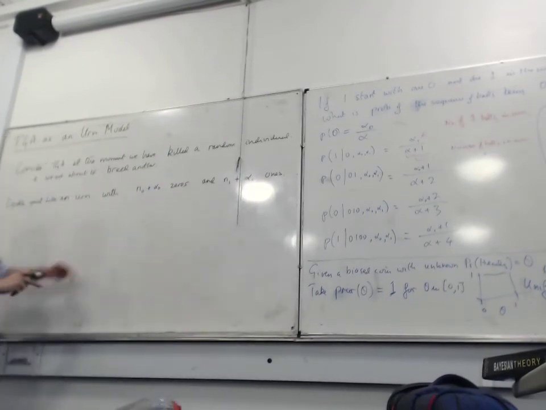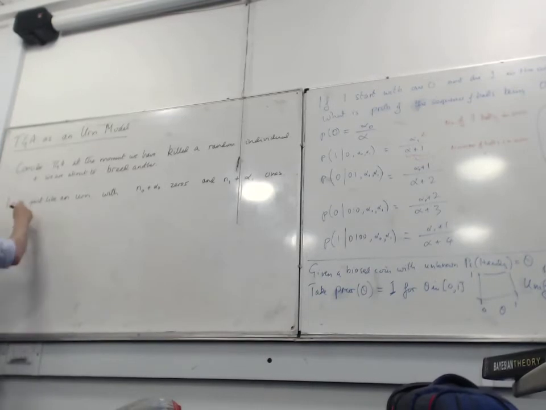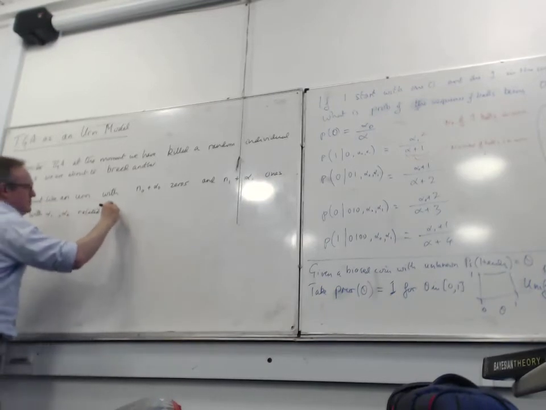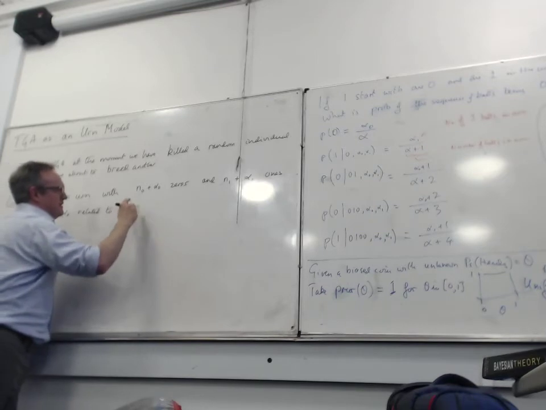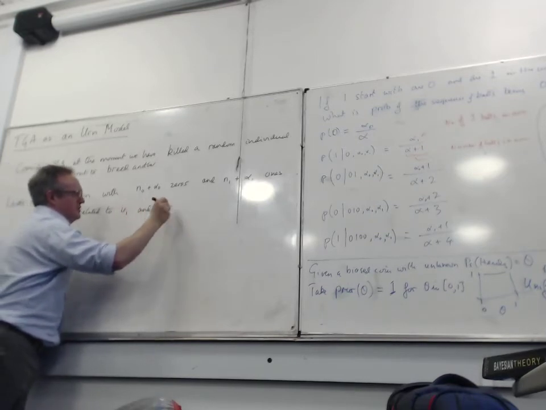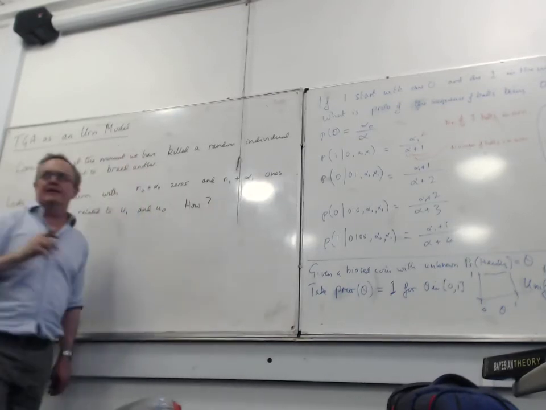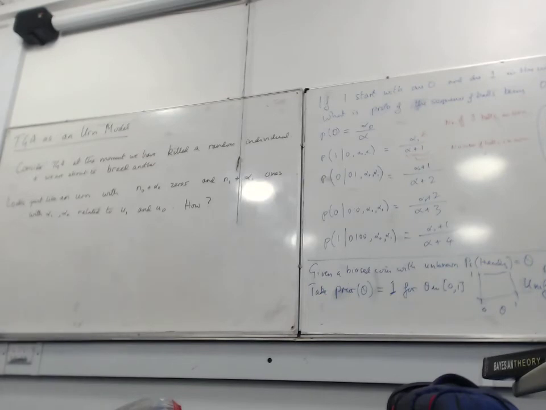How are alpha 1 and alpha 0 related to U1 and U0? I've done it right after all.